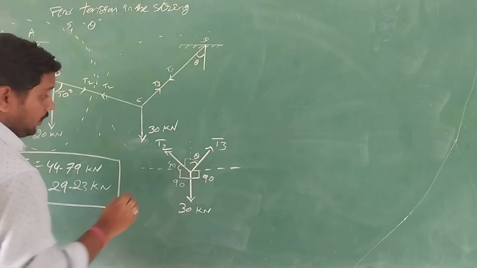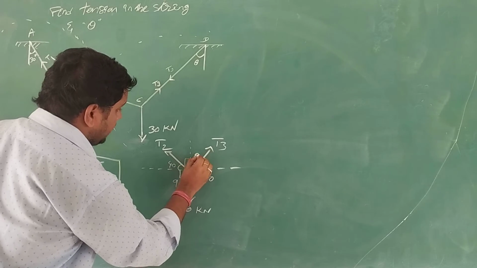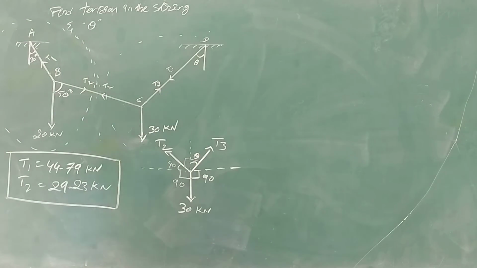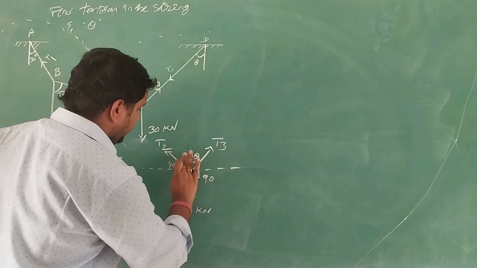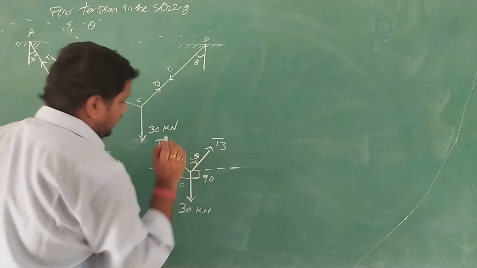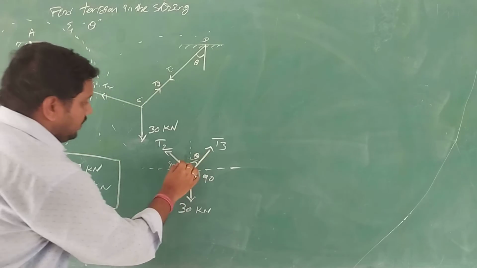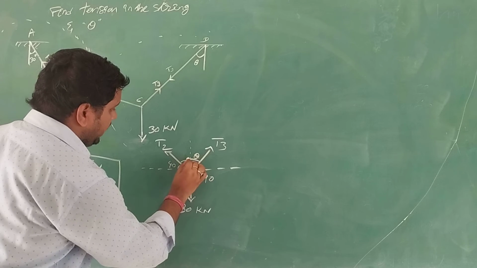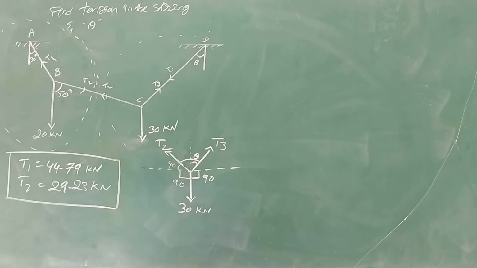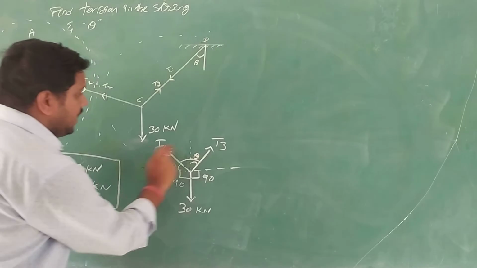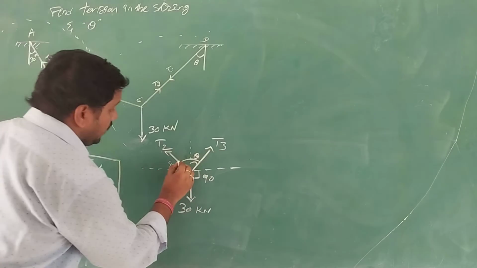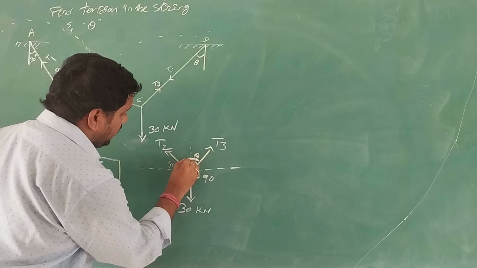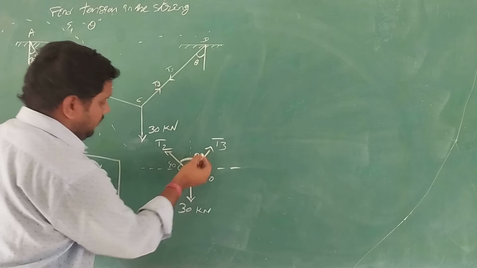But see here, we could not find this angle theta. Our aim is to find this theta. Everything we are getting, but we are not getting one angle theta. Unless we get this angle, we cannot apply Lami's theorem. Though here we have three forces, T2, T3 and weight, 30 kilonewton, we do not know the total angle. We just know theta.